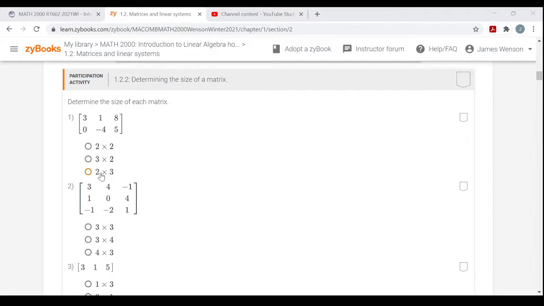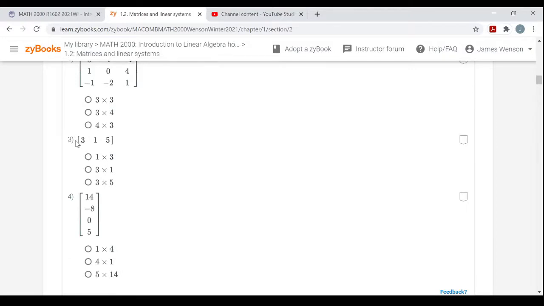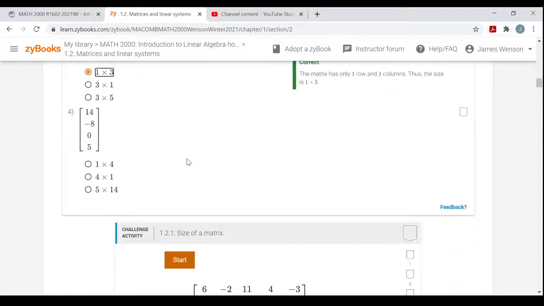So it's a 2 by 3 matrix. It'll explain and fill all these in. This would be a 3 by 3. This is 1 row, 3 columns. And this is 4 rows, 4 horizontal, 1 column.